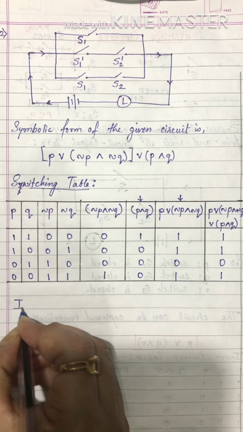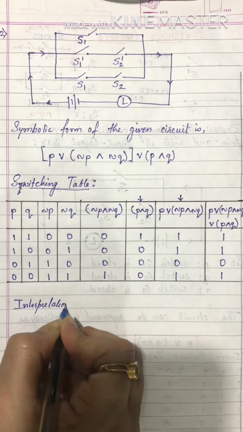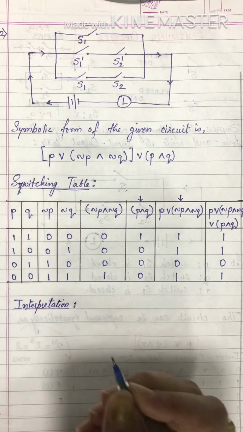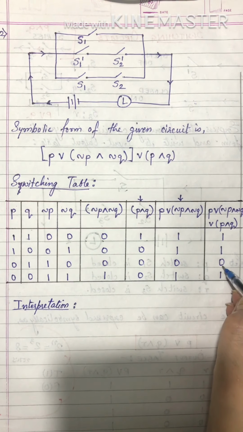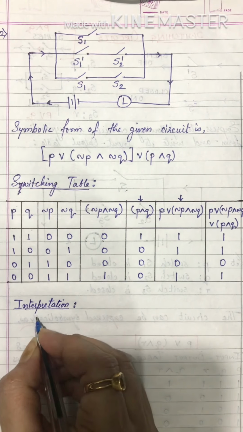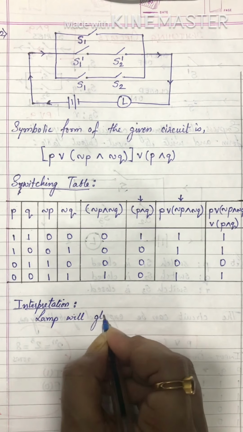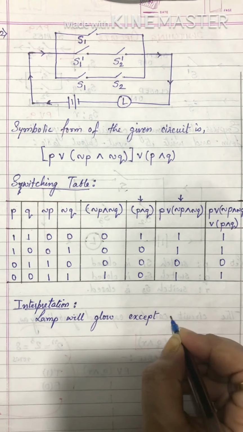Now let's write the interpretation of the switching circuit status. What will be the status of the lamp? Now see, here we have got 1, 1, 0, 1. There's a 0 which states false for the lamp status. So how we write? We will write lamp will glow except when.